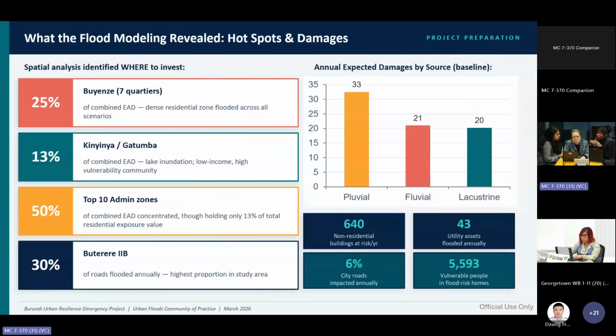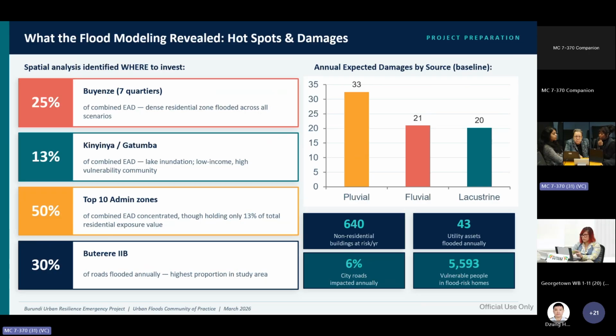So what did the modeling really reveal? So essentially, over 250,000 buildings, along with critical infrastructure and utility networks, were at risk. What comes out very clear from the analysis was that pluvial flooding is the dominant driver of the expected annual damages, higher than that of fluvial and lake-driven flooding.